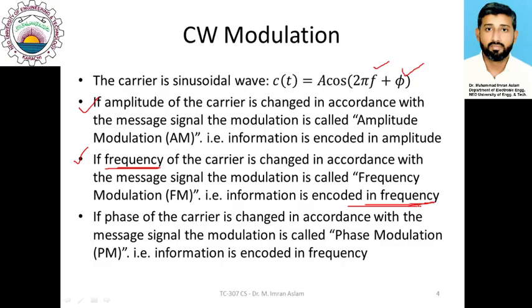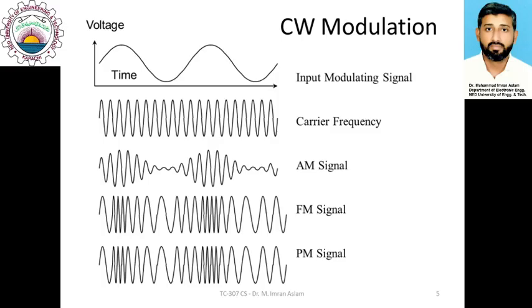So let me show with this graphical illustration. Again, we have this modulating signal or message signal, which is a low frequency signal, and we have a carrier wave. So what we will do, we will be changing the frequency of this carrier in such a way that the high amplitude of the message signal would be represented by high frequency in the modulated signal.